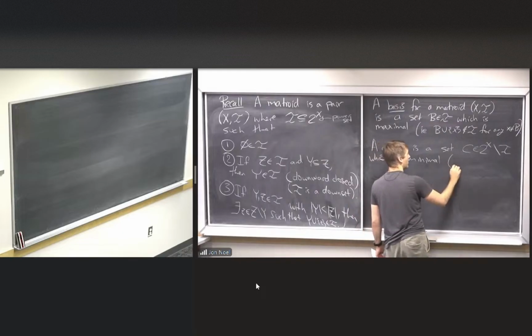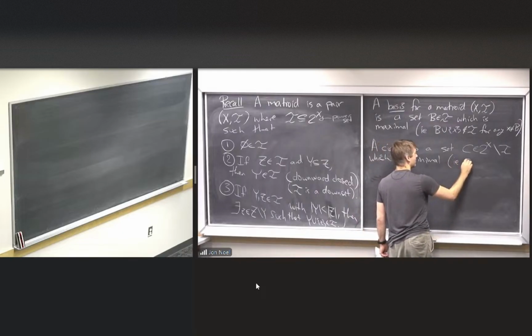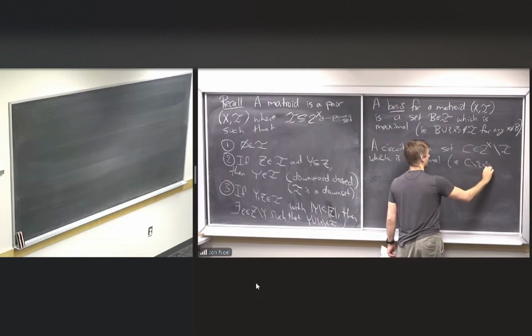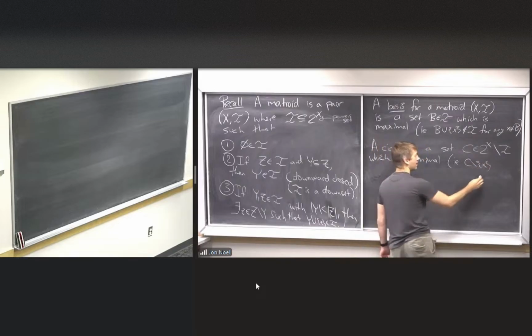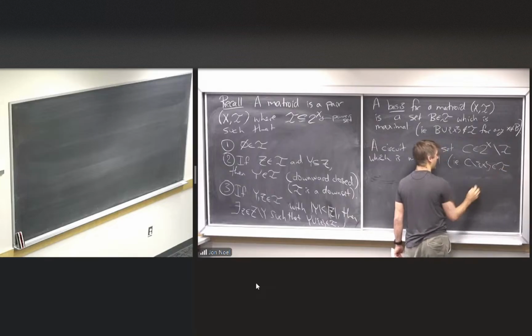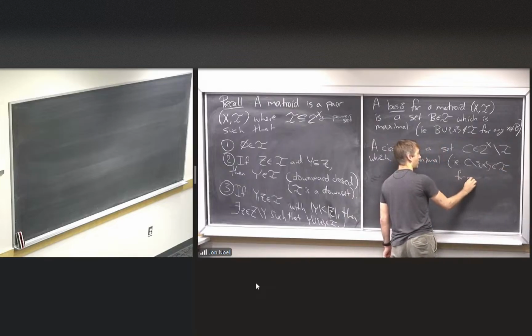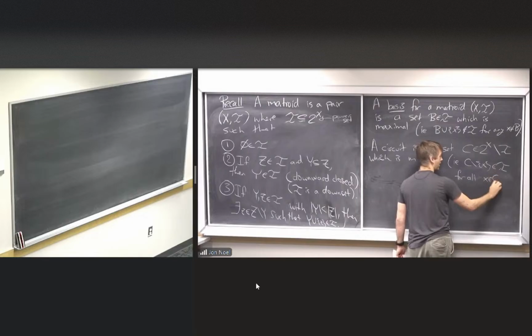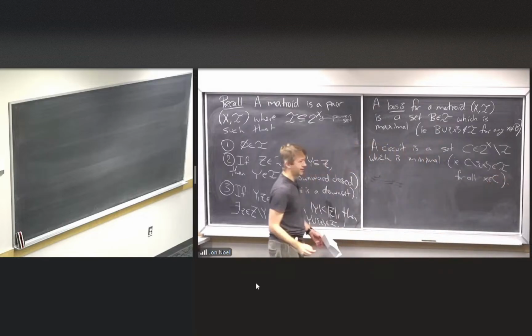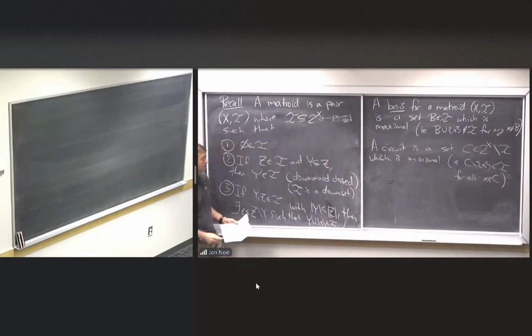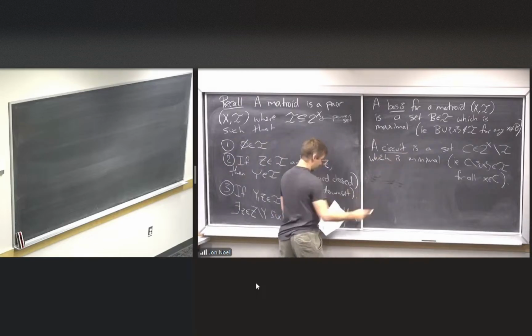So in other words, if I take away an element of C, it ends up being an independent set, for all X in C.